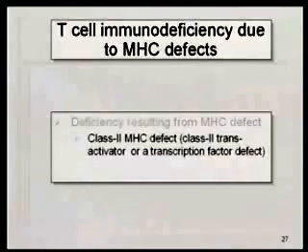class 1. And likewise, class 2 MHC also is involved in selection of CD4 cells. So in the case of class 1, there will be a defect in CD8 cells. In the case of class 2, there will be a defect in CD4 positive cells. And there the defect is a transactivator, or a transcription factor defect.